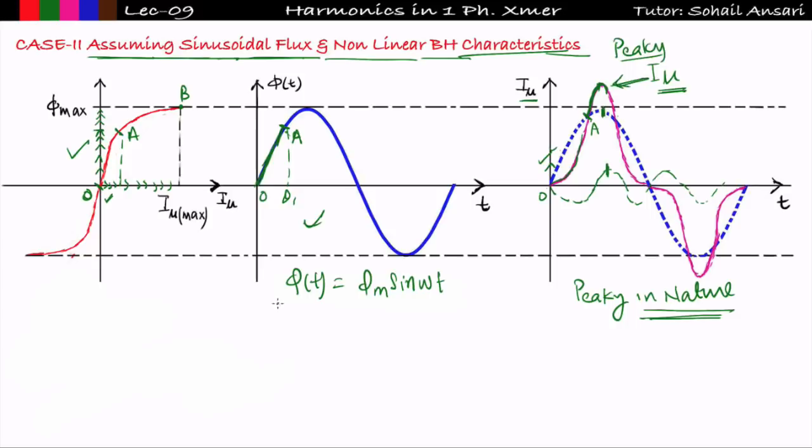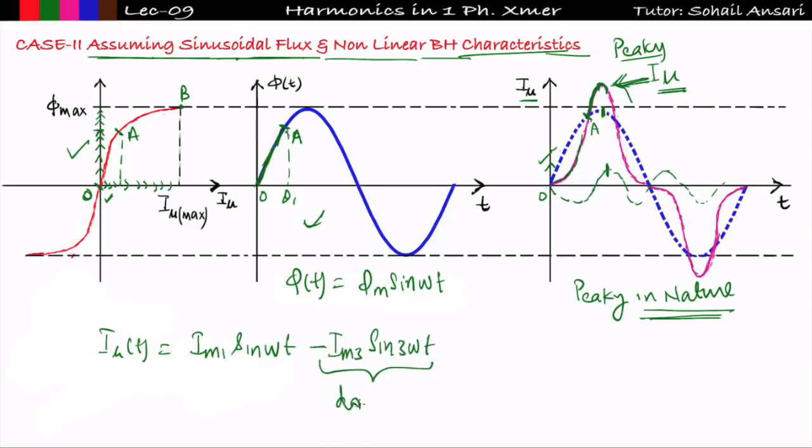Are you getting this? So in a nutshell, if I have to write the Fourier series of this peaky waveform, then I can write i_mu(t) = Im1 sin(ωt), this is the fundamental component, minus Im3 sin(3ωt), and this harmonic component is dominating in nature.